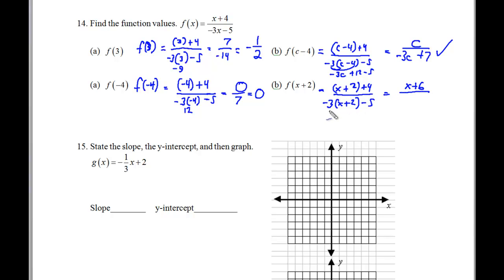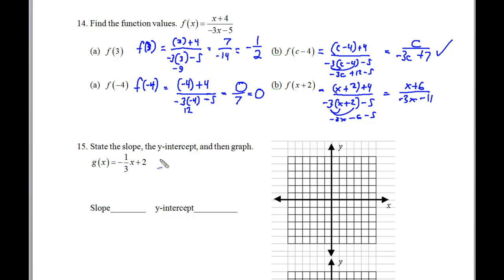And on our denominator, we're going to distribute the negative 3. So this becomes negative 3x minus 6 minus 5. And that makes negative 3x minus 11. And since this is a binomial in the denominator, there's no simplification in the numerator because the numerator is not a perfect match.